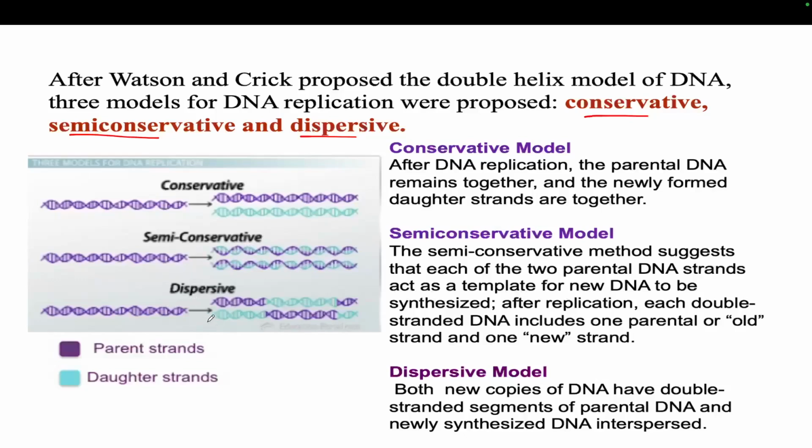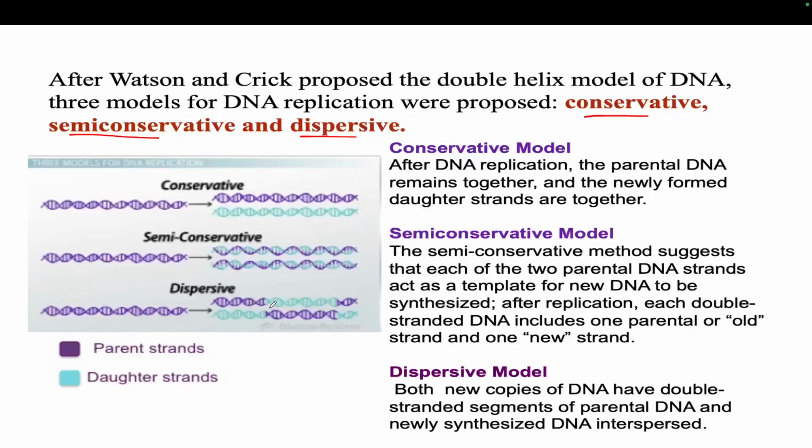In the dispersive method, like in the conservative method, the complete molecule works as a template, but in the dispersive case it is broken into small pieces, though still double stranded.